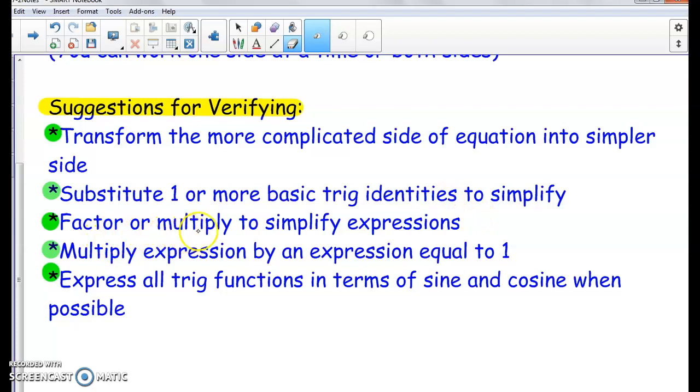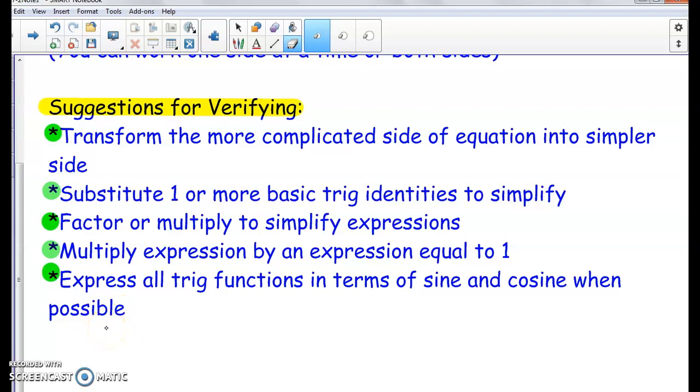You might have to multiply to simplify expressions. You can multiply an expression by an expression equal to 1. Sometimes you'll have to be very creative in the ways to get it to simplify down so it equals the other side. And another suggestion, and I do this a lot: I try to express all trig functions in terms of sine and cosine when possible.